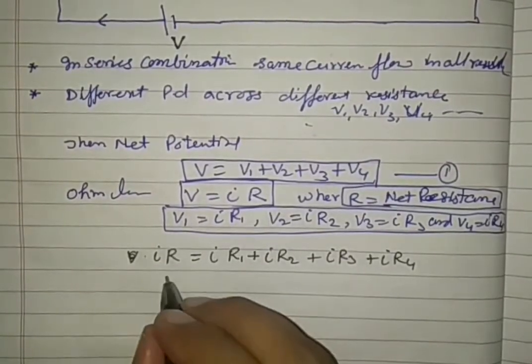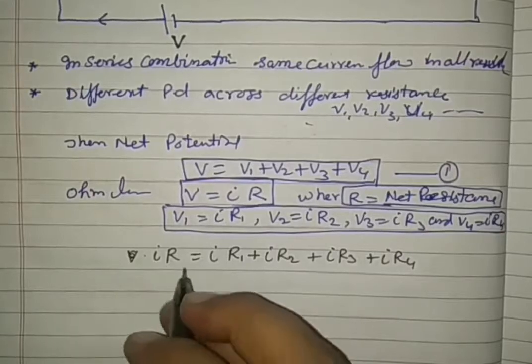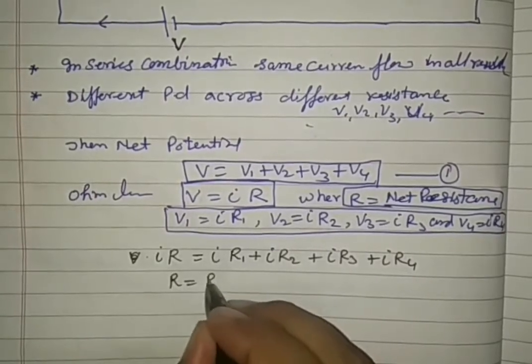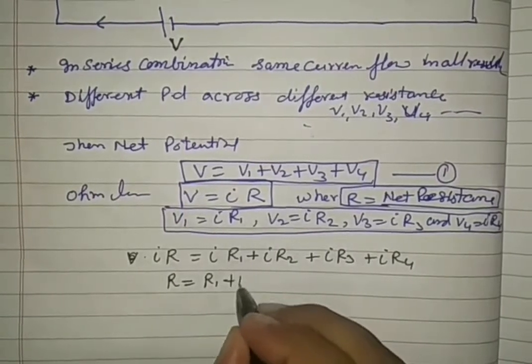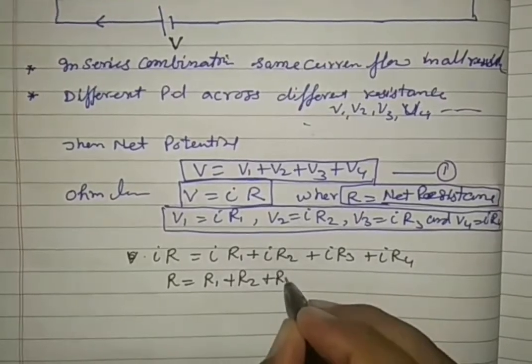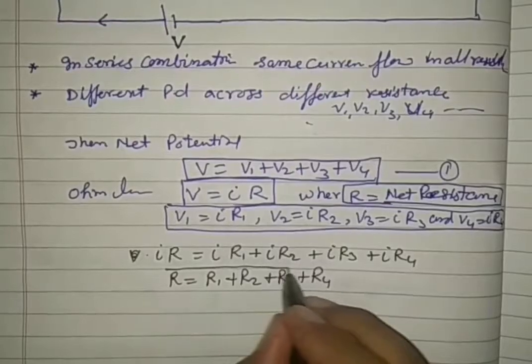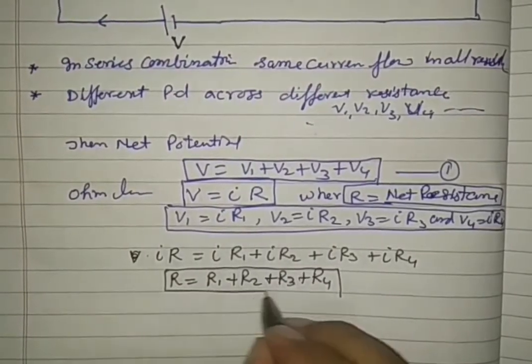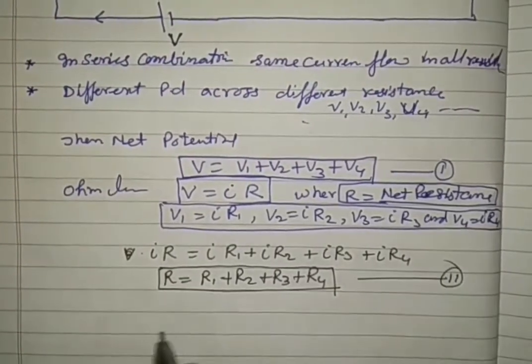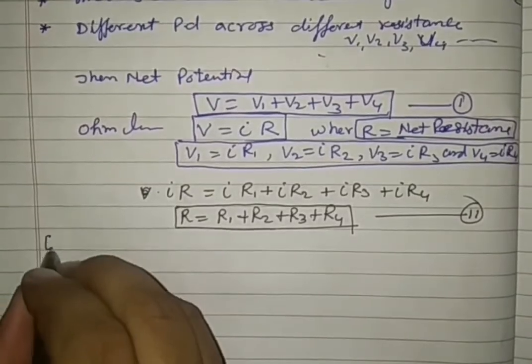I is common everywhere, so we may cancel it. So R is equal to R1 plus R2 plus R3 plus R4, represented by equation 2.